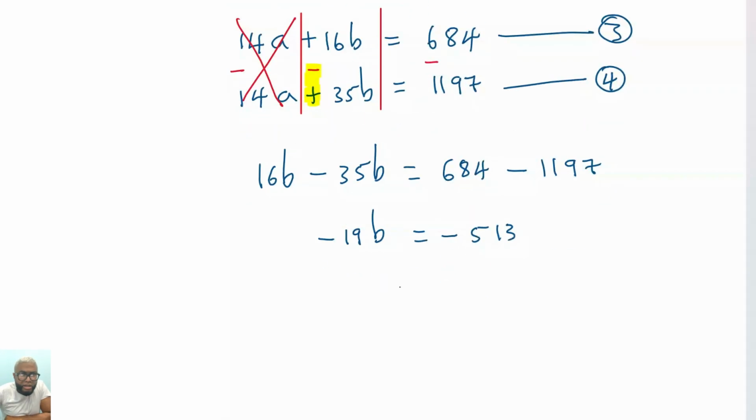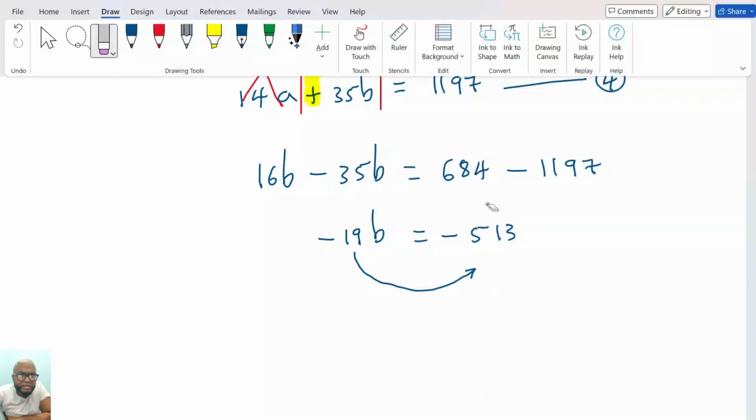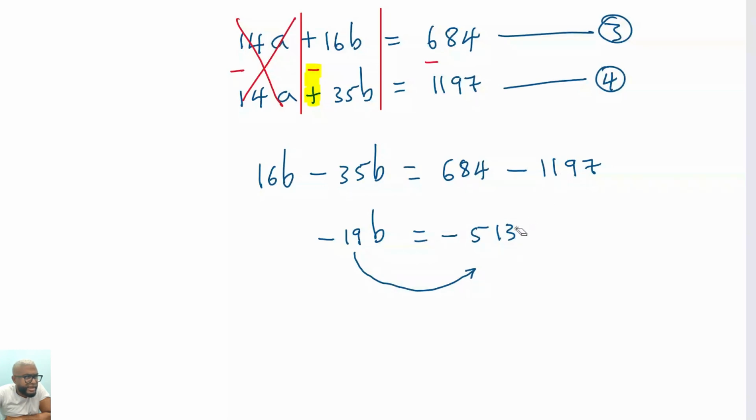So I'm going to take this 19 and divide it here. Everything correct here? Andrew, go ahead. Somebody check over that now. 684 minus 1197. Yeah, that's okay. You'll still get the same answer.